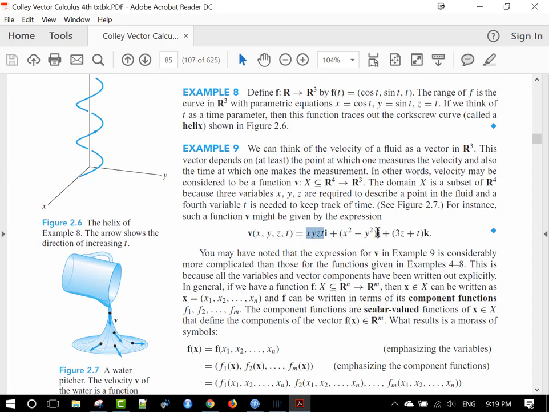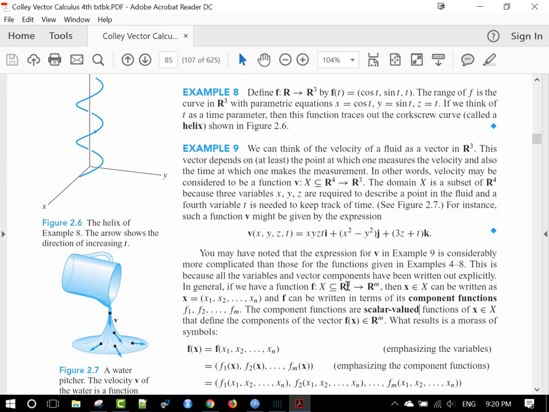And f2 is the second one, and that's here. So we have these f1, f2, up to fm. If the codomain is Rm, then we're going to have m components, and so here we denote them like that.